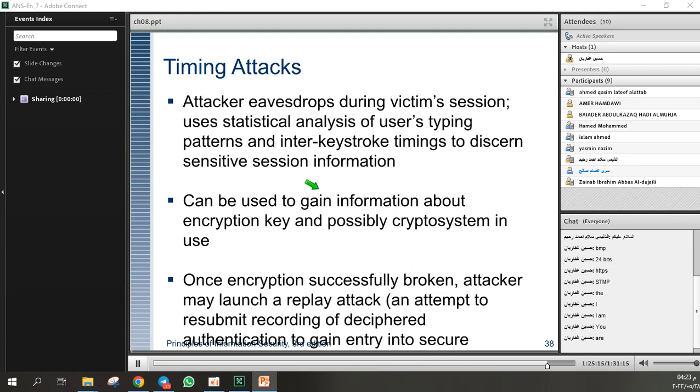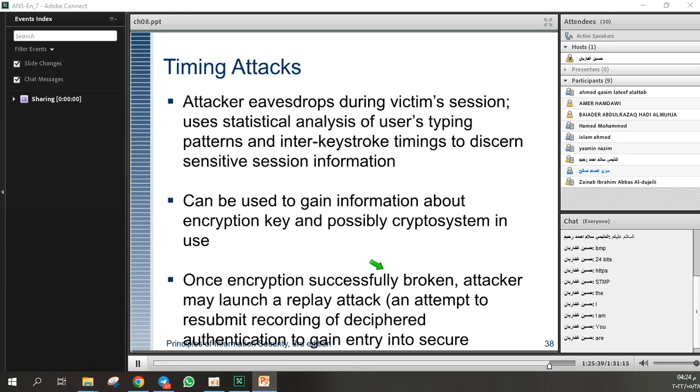If the attacker gains information about the encryption keys or about the crypto systems used in that communication, that information can be useful for attacking that session.